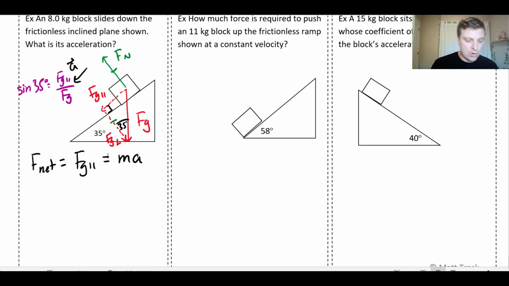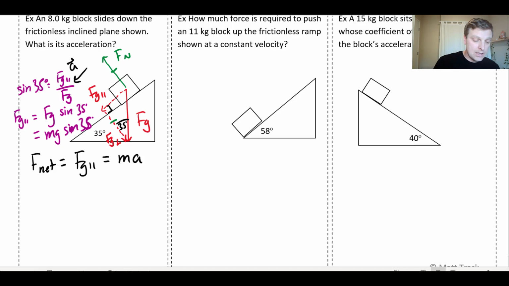Just reorganizing that, I've got FG parallel equals FG times the sine of 35 degrees. And I know that it's the force of gravity, so really this is just equal to mg sine 35. You might get used to that, might jump to that step in future problems, but that's where that comes from.